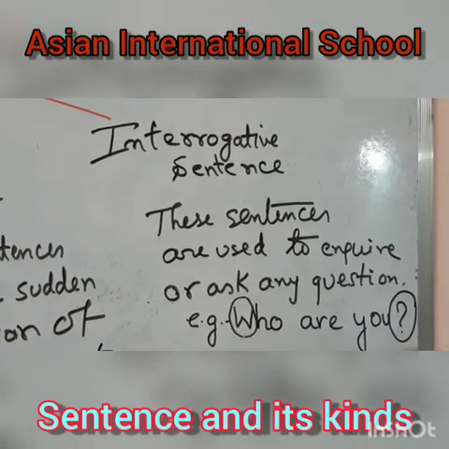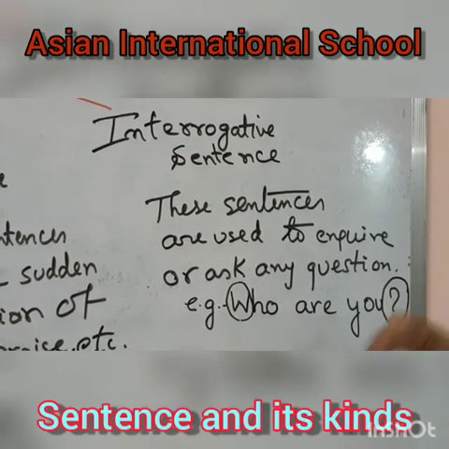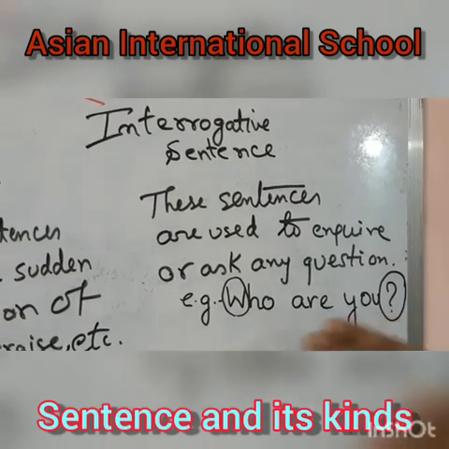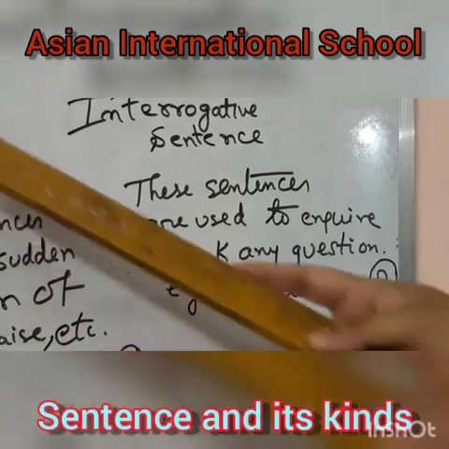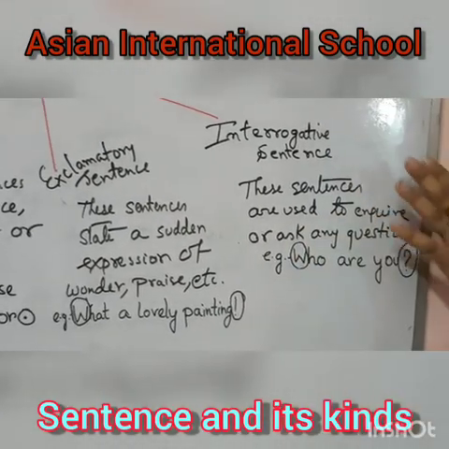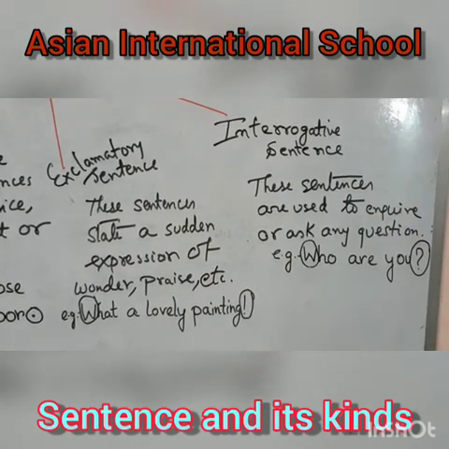We are starting with a WH question. Who, which, what. These are the interrogative words by which we are starting the interrogative sentences, and it ends up with a question mark. In an exclamatory sentence, it is an exclamation mark, and in an interrogative sentence, it is a question mark which ends up the interrogative sentences.